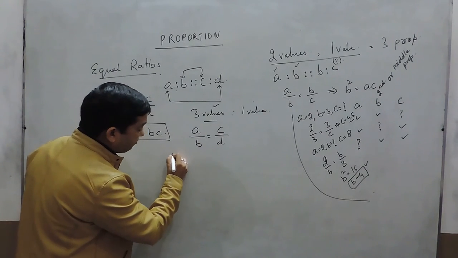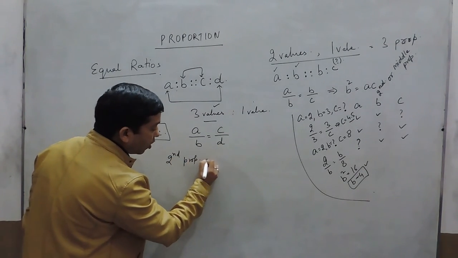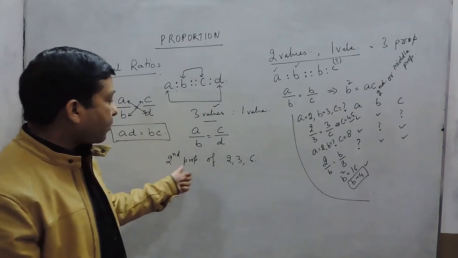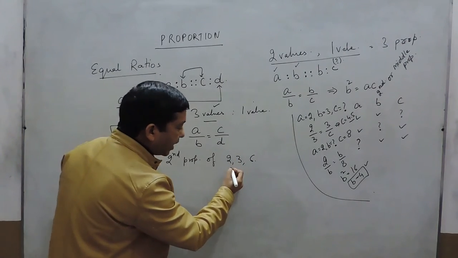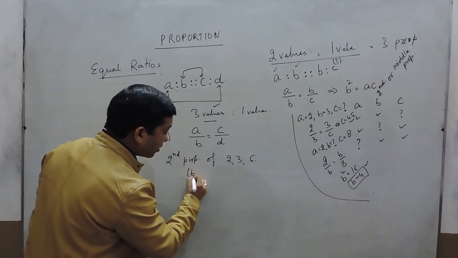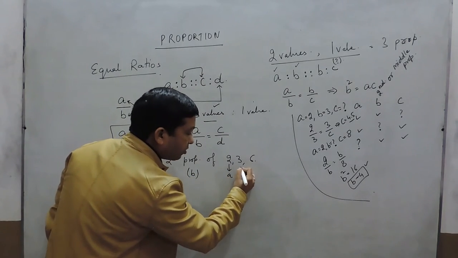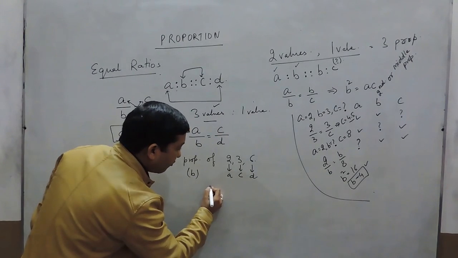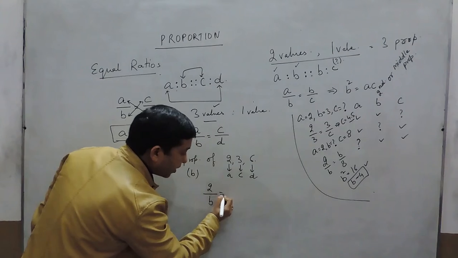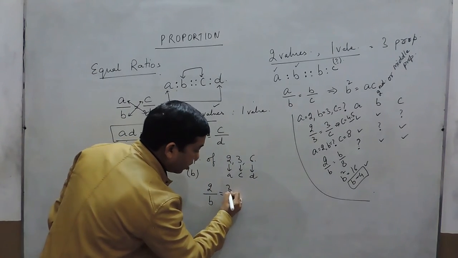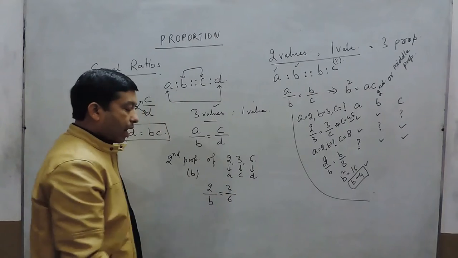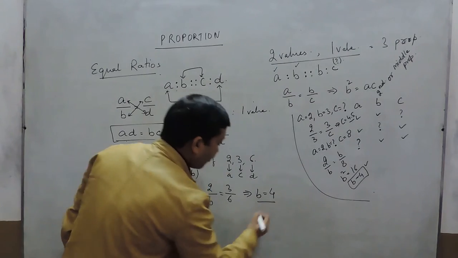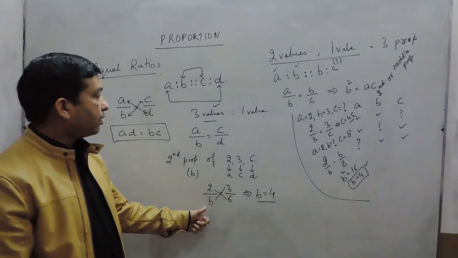There can be a question: find the second proportion of 2, 3 and 6. When I say second proportion of 2, 3 and 6, it automatically means that the value of B we have to find out. The first value is the value of A, the second value is the value of C, and the third value is the value of D. So we can say A upon B, that is 2 upon B, is equal to C upon D, that is 3 upon 6, and hence we calculate the value of B, which comes out to be 4 by cross multiplying the values.